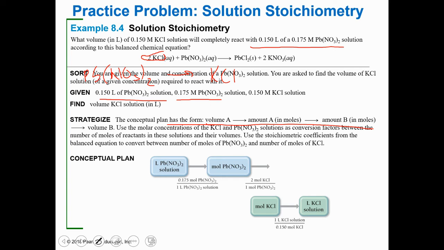We're going to take the liters of lead nitrate, go to moles of lead nitrate, and we're going to do that simply by using the molarity. Then we'll go from moles of lead nitrate to moles of potassium chloride using the mole to mole ratio, which is going to be 2 to 1. And then from there we can go to liters of potassium chloride using the molarity.